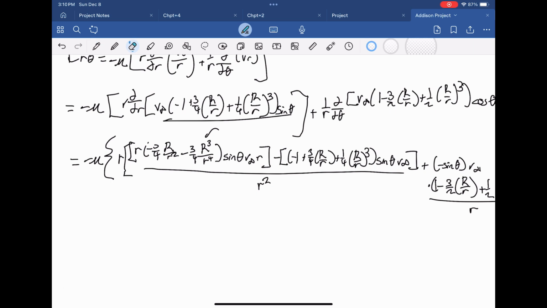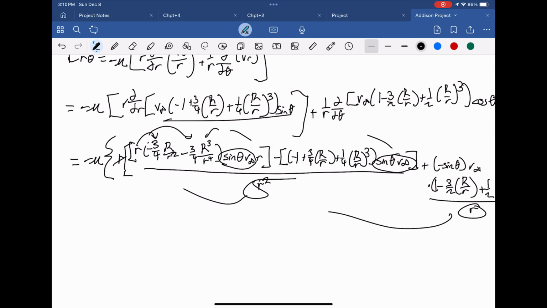So now we're going to do some simplification. We notice that we can distribute this r back into the equation, which re-simplifies those r quarter terms to r cubed and the r squared terms to r. We can take out a sine theta and a v infinity from every equation, and we also notice that each of these parts are going to be over an r because we cancel it out.